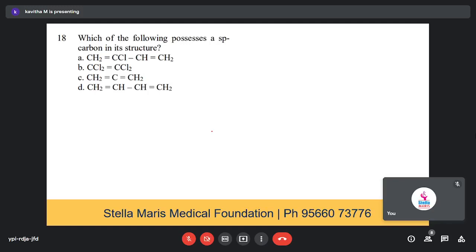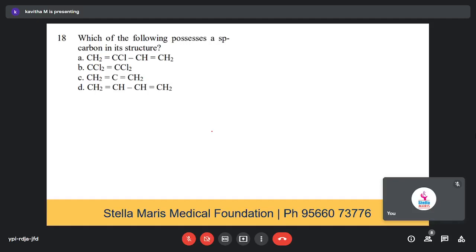When you come to C, the first carbon is sp2, but the second carbon, you have two pi bonds and the structure is linear. So the center carbon in option C has sp hybridization, and the third carbon is again sp2.